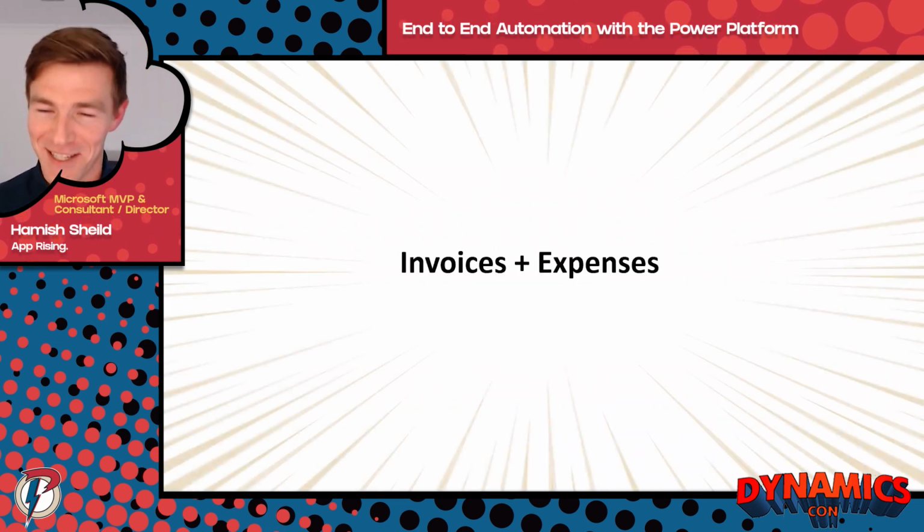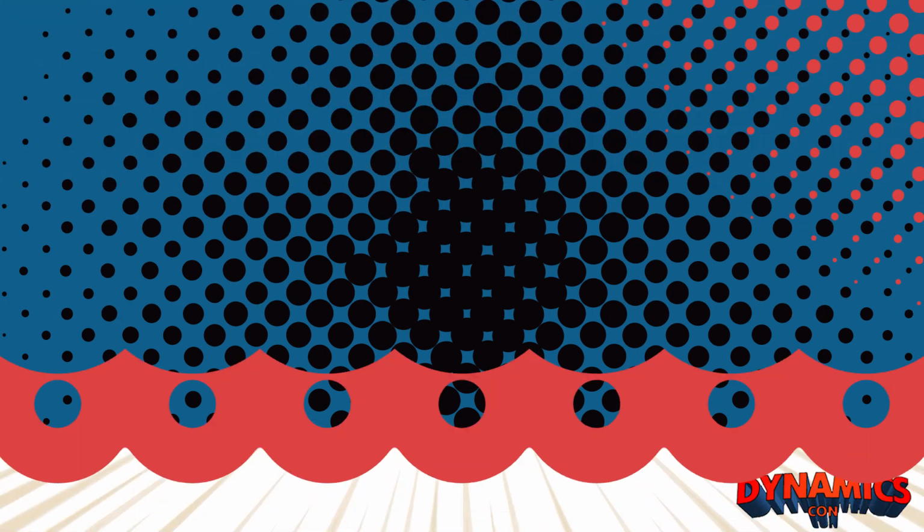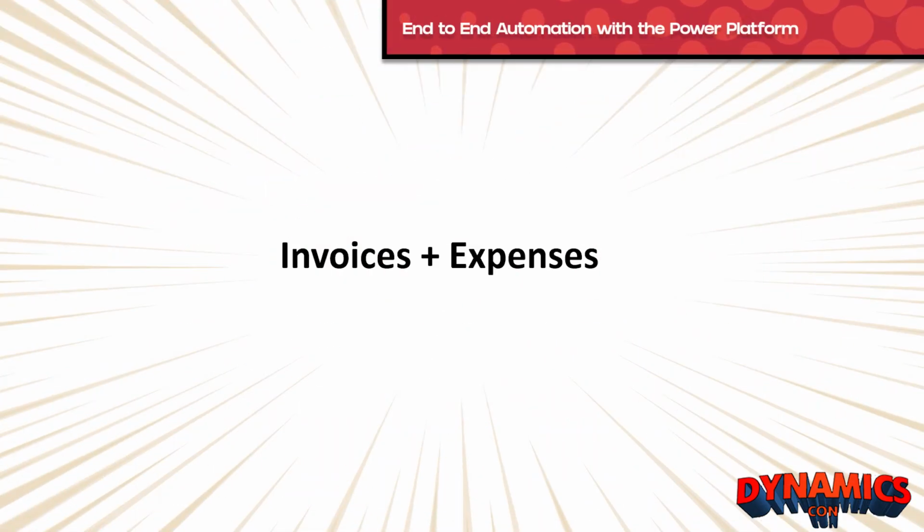Today, my scenario is invoices and expenses. I'm talking about the invoices that you receive as a business and the expenses that your employees incur as part of doing their job, not the invoices that you send to your customers to get payment. No one likes to incur expenses, but equally, people don't like the process of scanning receipts, downloading invoices and putting them into a system.